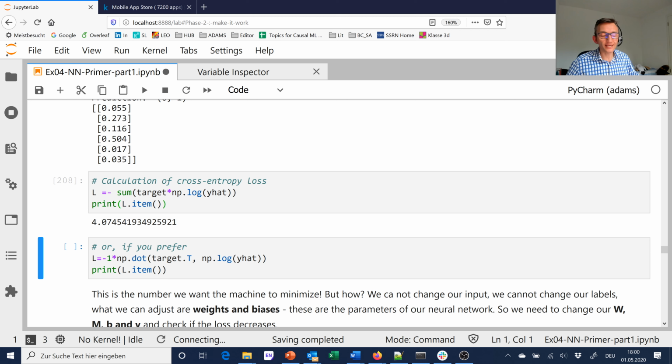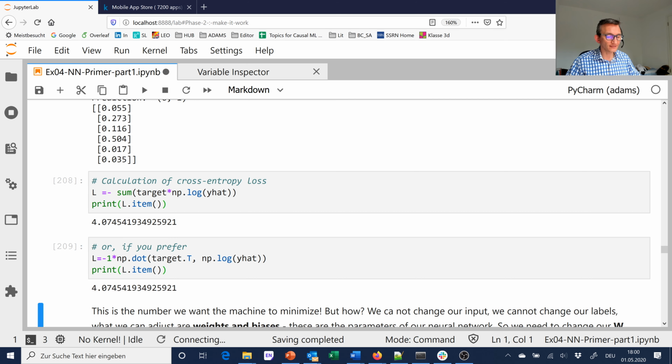And if you like it even better, you can do it maybe more elegantly, because since we are still having this sum here, we can get rid of the sum and use a dot product instead. The advantage would be that the dot operation is highly optimized in NumPy and similar libraries. So that way obviously gives the same result, but it would be faster.